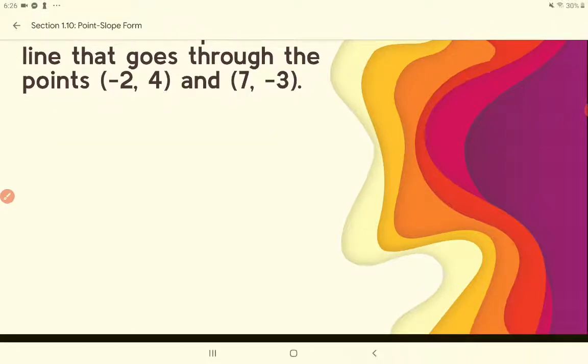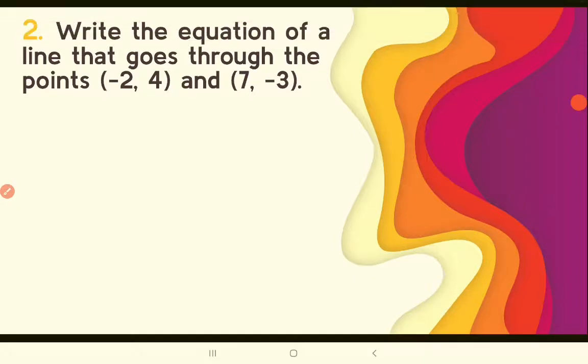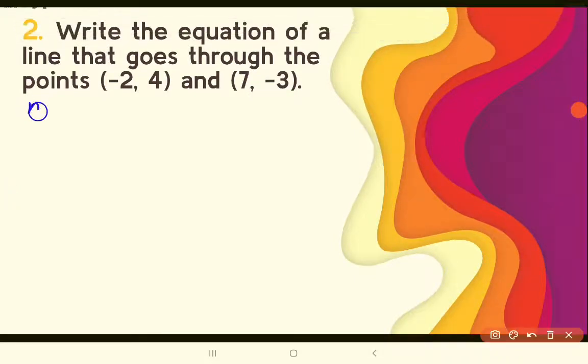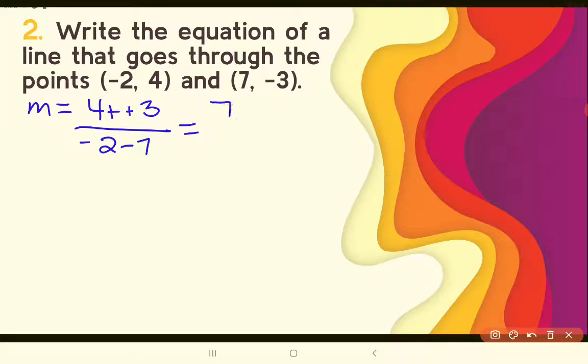So we had 4 minus negative 3 over negative 2 minus 7. Two negatives make a positive. So 4 plus 3 is 7. Negative 2 minus 7 on the bottom is negative 9. So your slope there is negative 7/9.